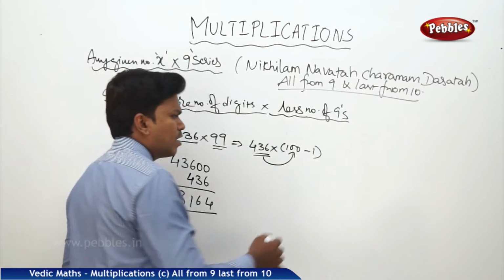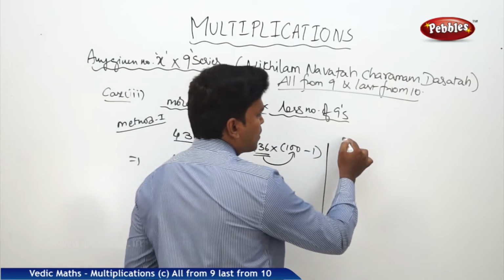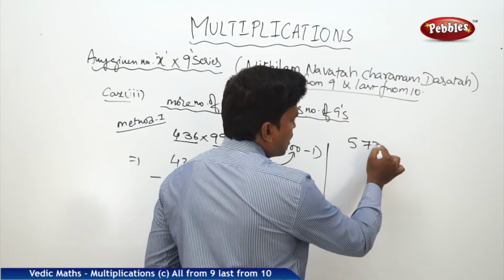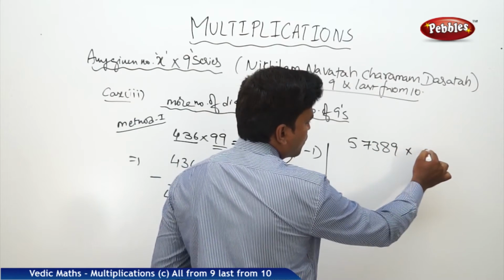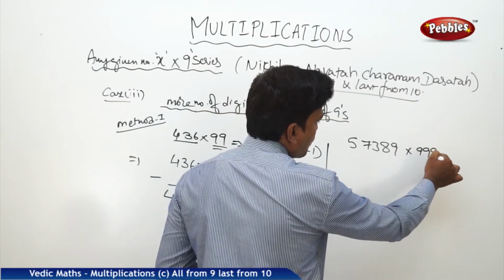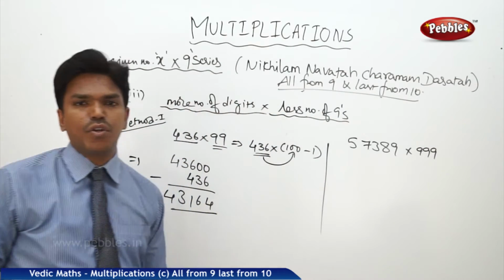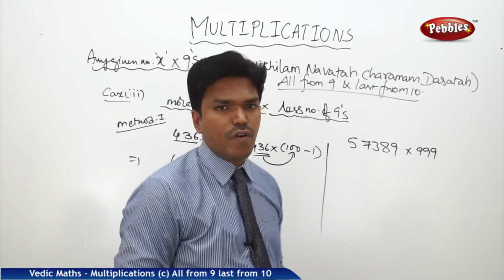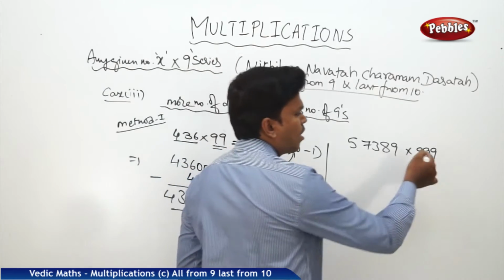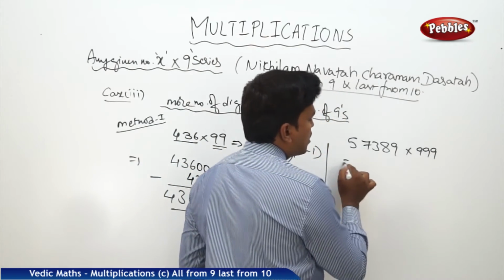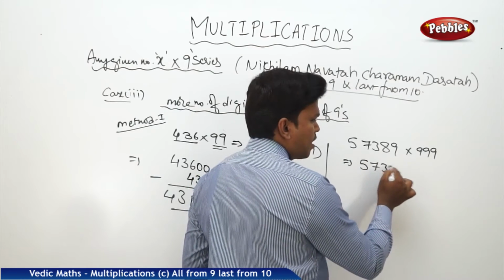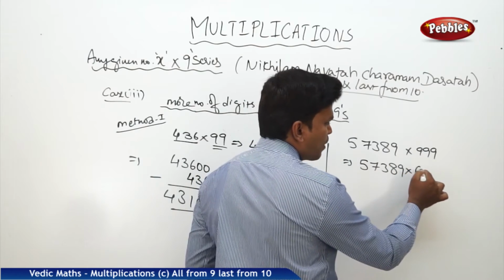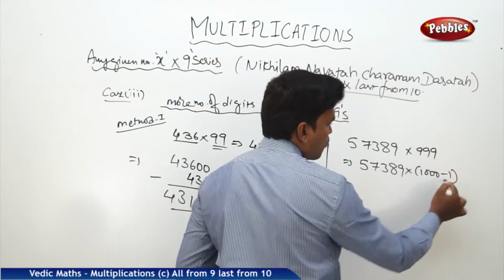One more example. Let us take 57389 into 999. There are 5 digits and 3 9's. More digits, less 9's. Now you tell me, 999 can be written as 1000 minus 1.